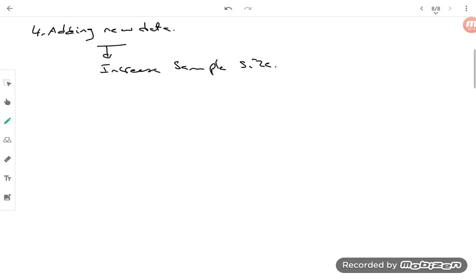Now we are going to re-estimate the model with a greater number of observations, as we increase the number of observations from 12 to 40.